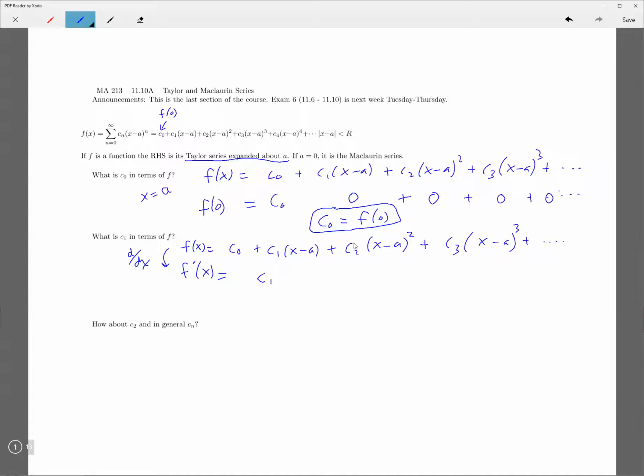And then the derivative of this is 2 C2 times x minus a, and then this one's going to be 3 C3 times x minus a squared, and then 4 C4 times x minus a cubed, and so on. Okay, and now if you set x equal to a, you get f prime of a.